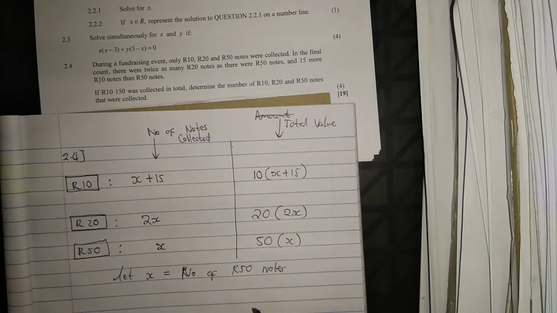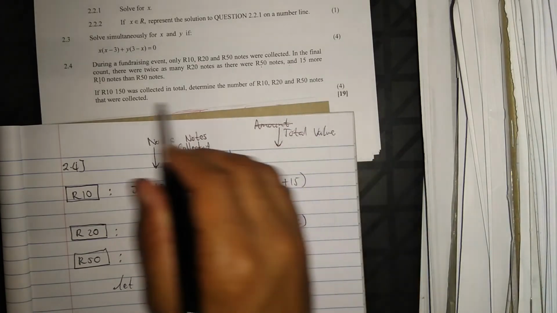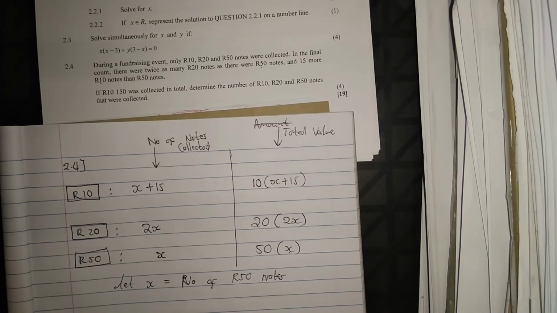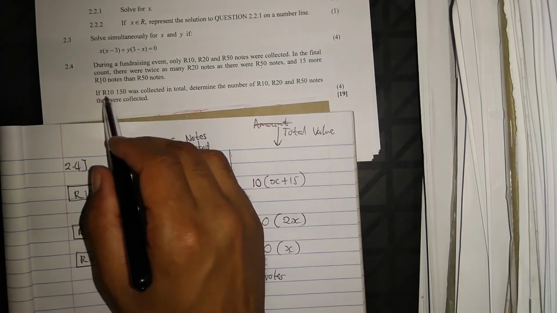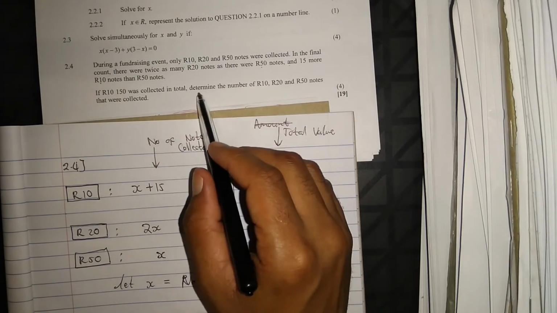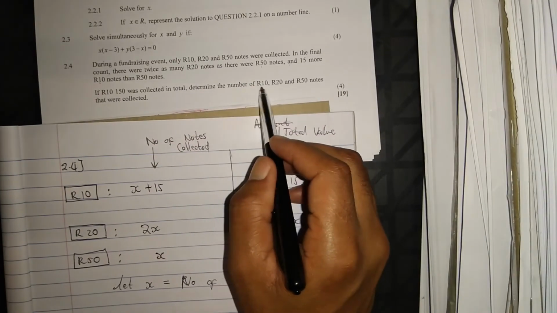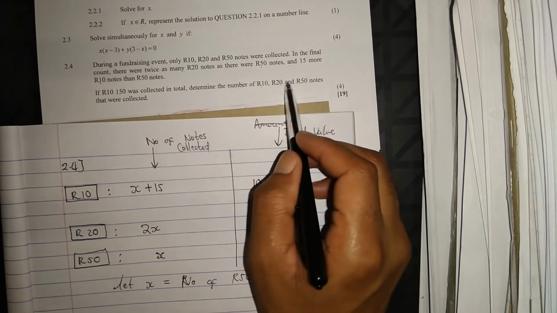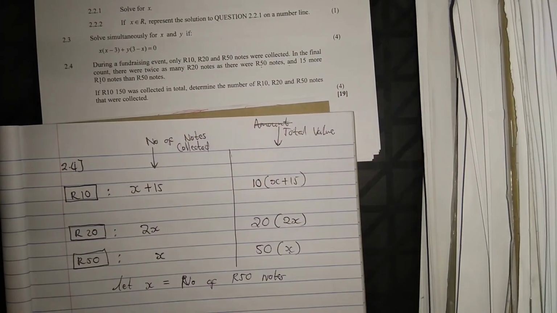We want to set up an equation so that we can answer the question, where x represents the number of notes collected. The question says that if 10,150 rand was collected in total, determine the number of 10 rand, 20 rand and 50 rand notes that were collected.